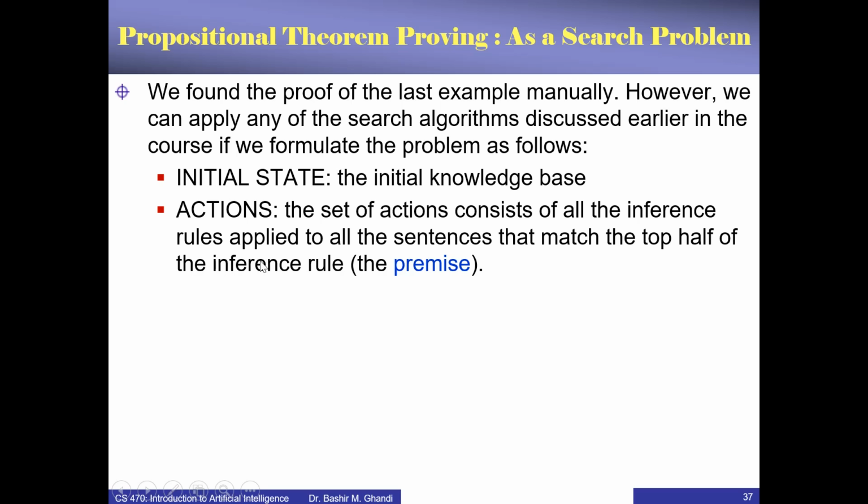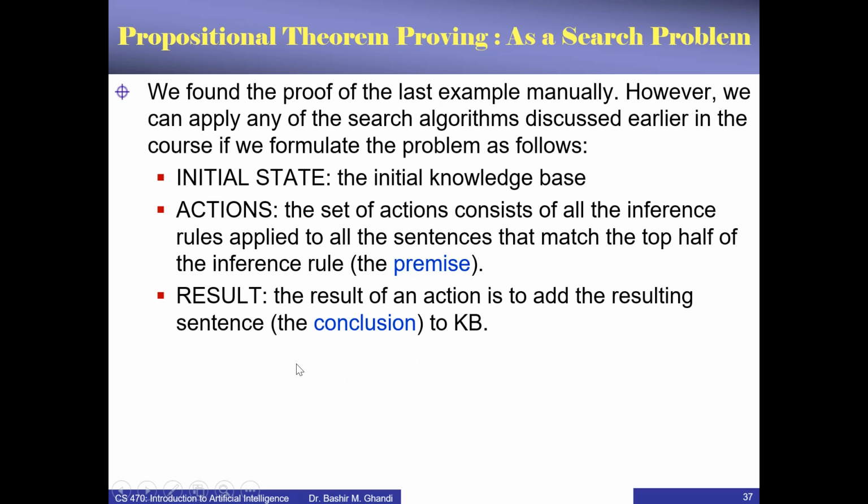If we consider those rules in the form of premise and conclusion, our action will consist of applying the sentences that match the top part, which is the premise, and the result of the action will be the conclusion part. Okay, so those will be our actions.